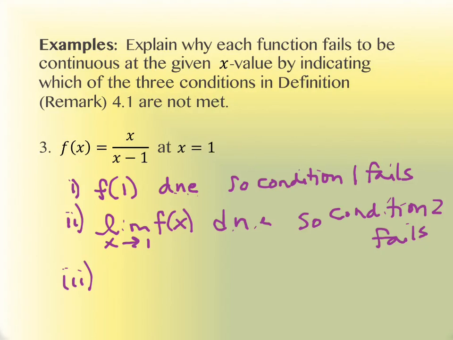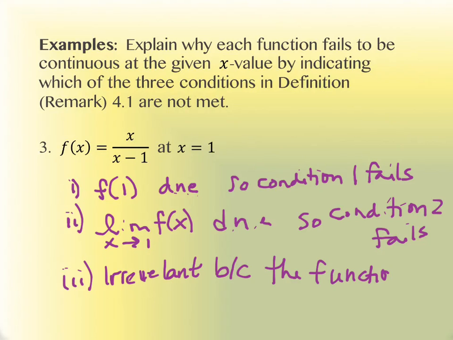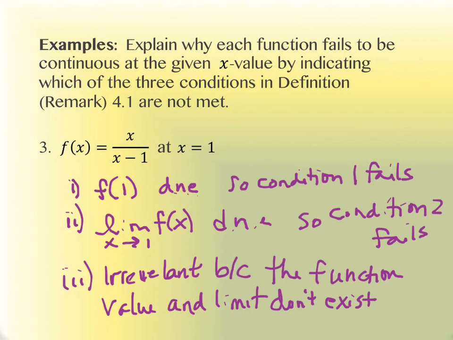So this one is sort of irrelevant, because the function value and limit don't exist. So this one actually fails everything. It fails every possible portion that we checked of that definition, right? So that's what's going on with that one.